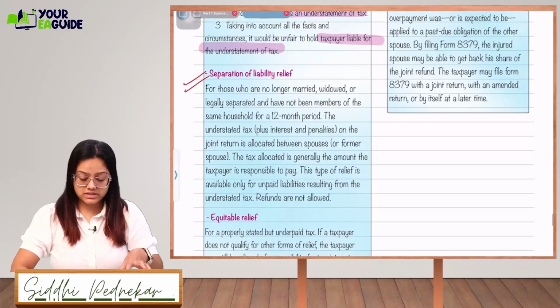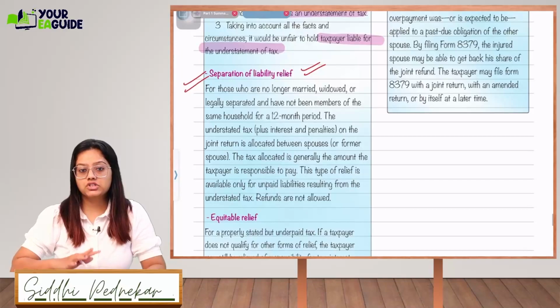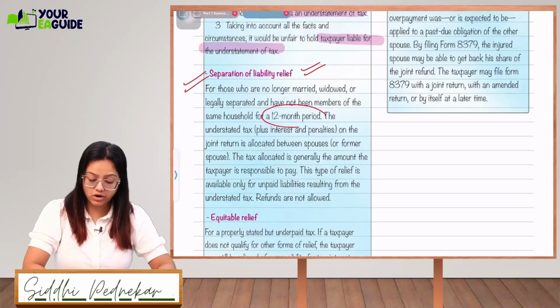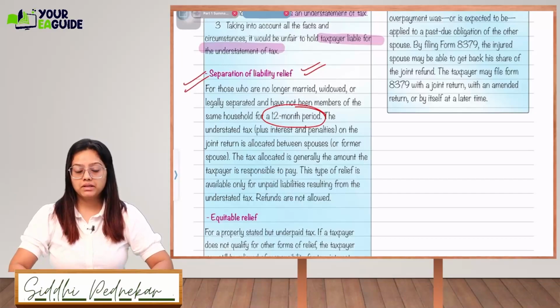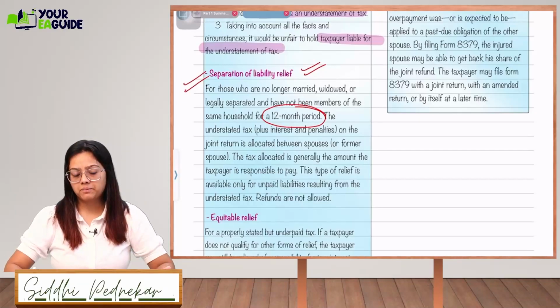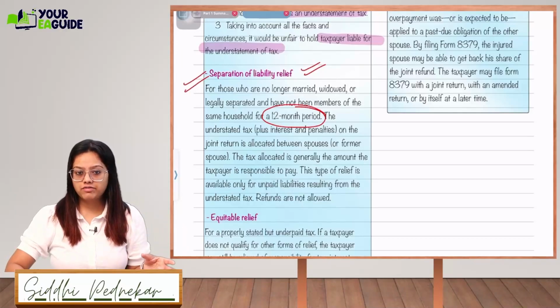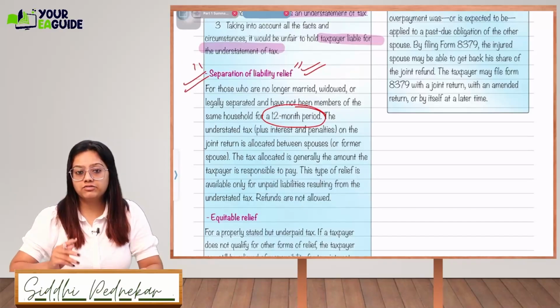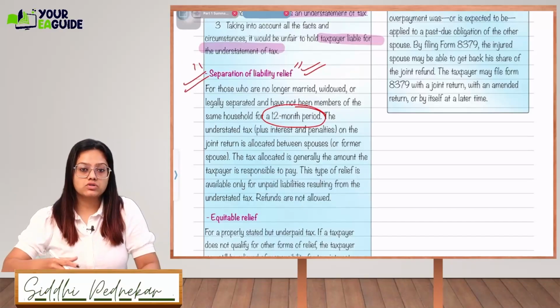Okay, separation of liability relief just mentions that it is for those who are no longer married, or widowed, or legally separated, and have not been members of the same household for 12 months. It might happen that a person is still not divorced but they are living separately, right? Previously they filed a joint return and now they receive a notice, but now they are under a condition of separation of liability relief, means they have not lived in the same house for 12 months.